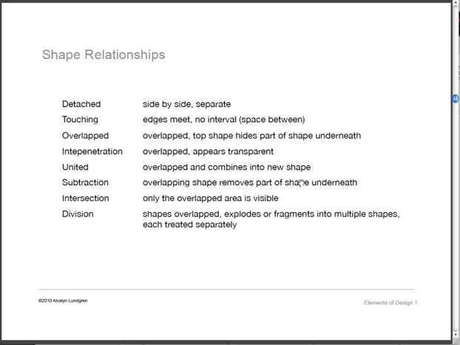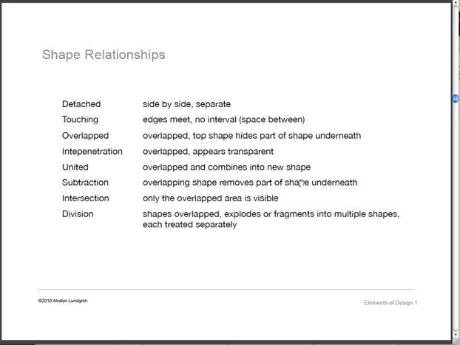When we deal with shapes, we have to relate them to each other and obviously to the overall design space. But in creating shape relationships within your design, you start creating a sense of space. And you start in some ways telling a story, or you start creating pattern and things like that.